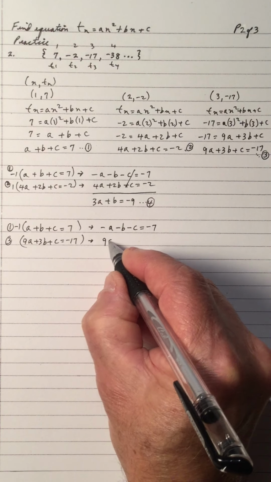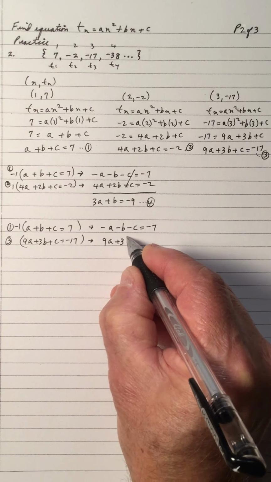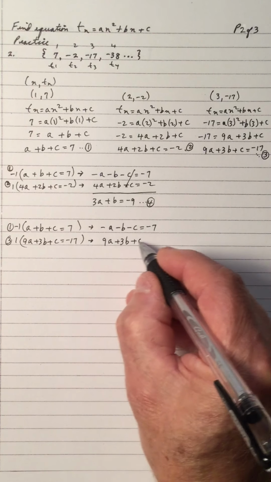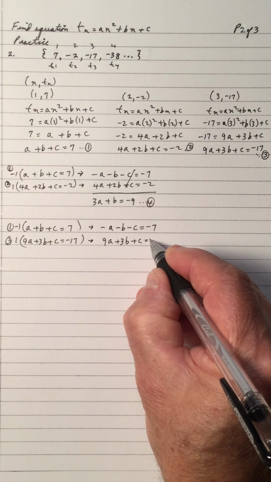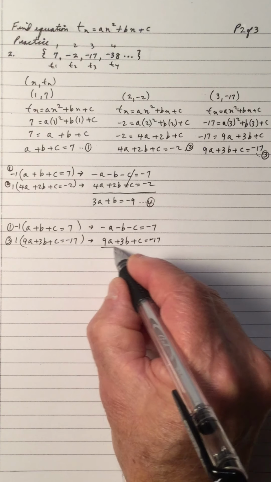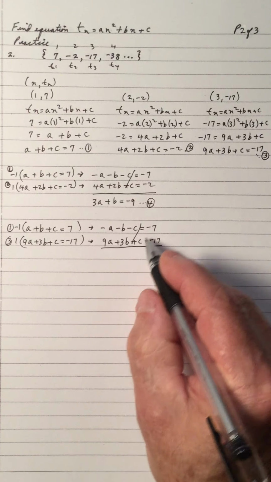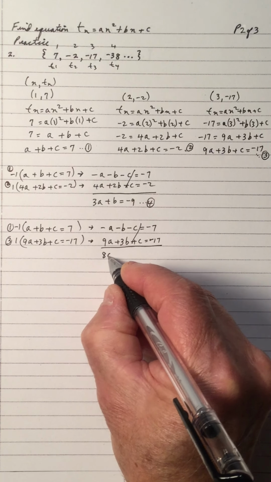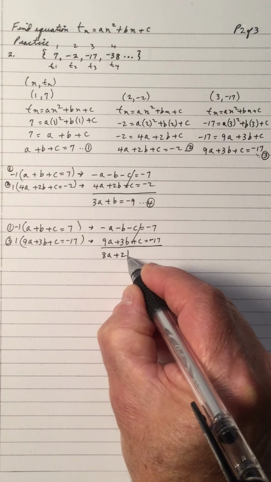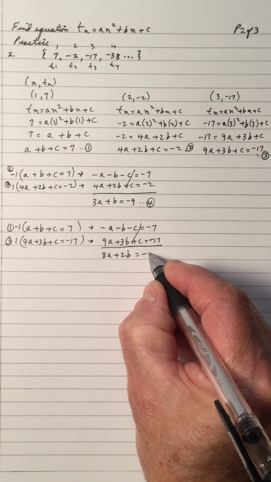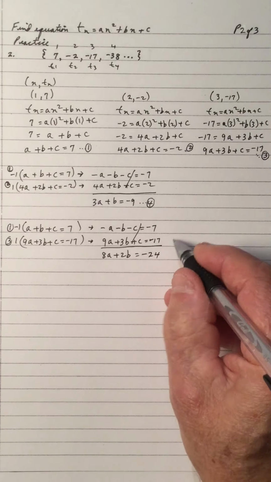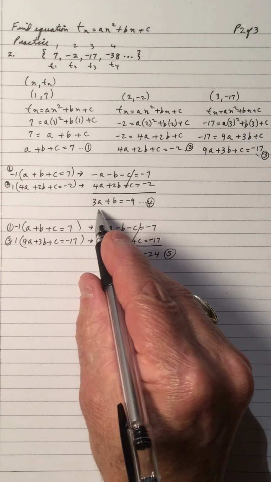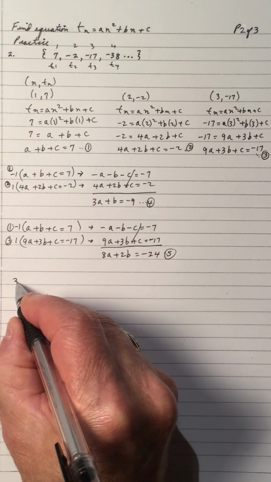And I have 9A plus 3B plus C, remember I'm multiplying by 1, so it's not changing the equation. Add, so they give me 0. That gives me 8A plus 2B equals -24. And this is number 5. So let's take number 4 equation, which has an A and a B in it.